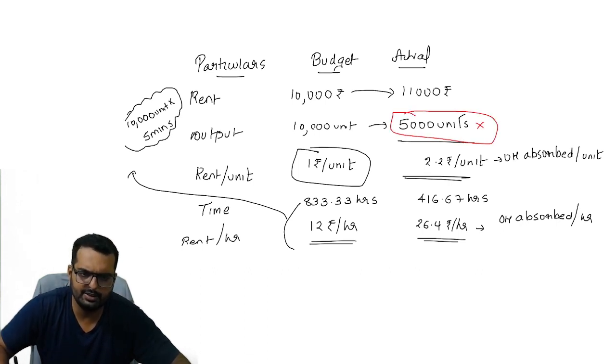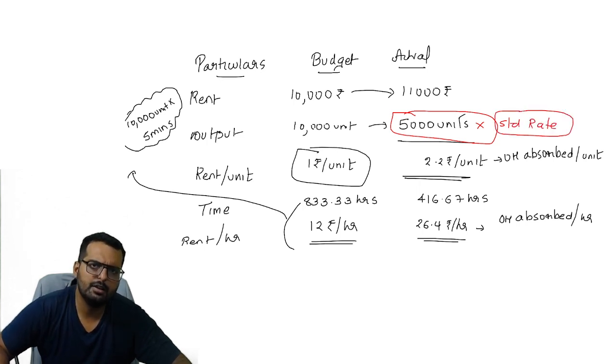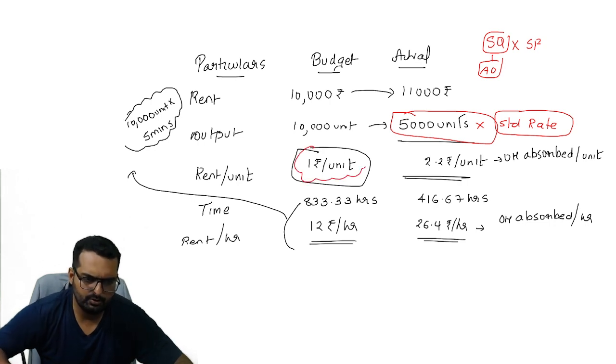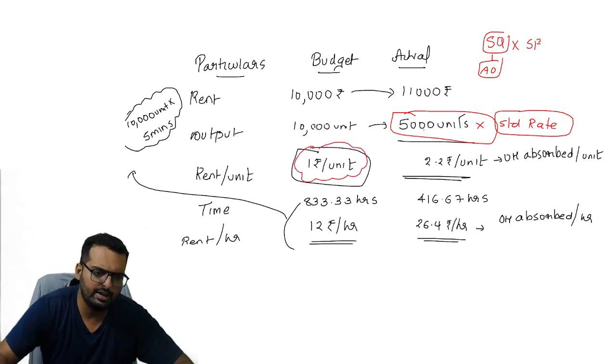This you will multiply with the standard rate. So you will get the standard cost. Am I right? We normally do SQ into SP, correct? All right. And then I told you that SQ is based on what? Actual output, correct? So now tell me what is the standard rate? 1 rupee. So if I do 5,000 into 1 rupee, what is the amount that I'm getting over here?